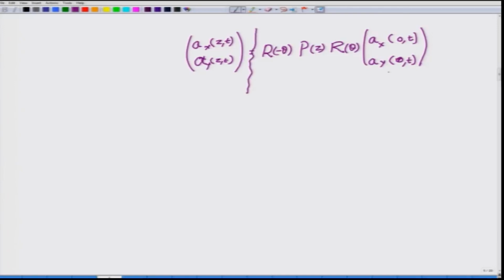What you need to do is you have to take the Fourier transform. So, you have to first deal with Ax of 0 omega and then Ay of 0 omega. This would be the frequency dependent Jones vector, or Jones vector for each of the frequency components that you are looking at.